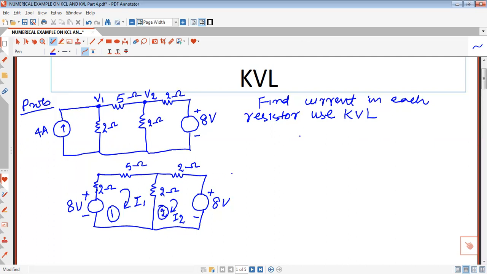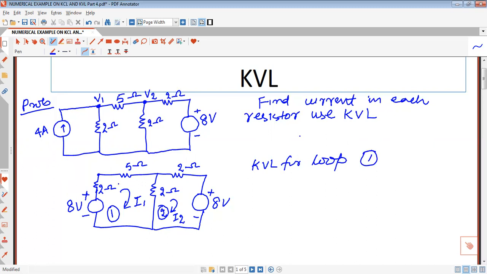So the simple way is that we have to write Kirchhoff voltage law for loop 1. This I1 is the current flowing in the 2 ohm, 5 ohm and 2 ohm resistances.